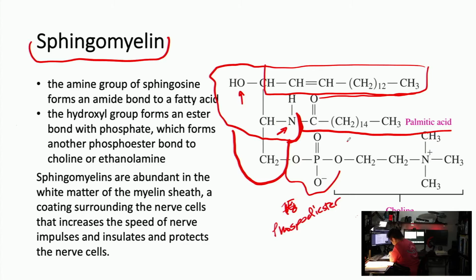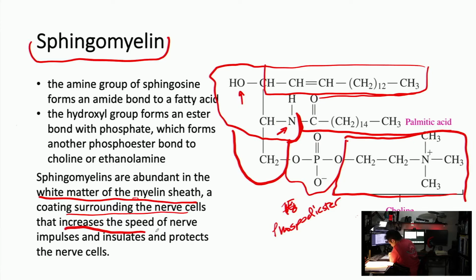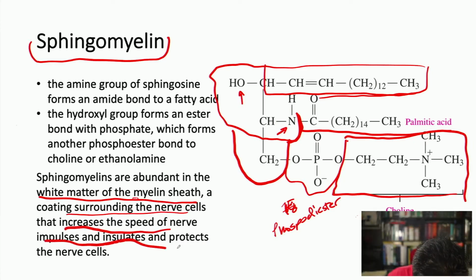And then we have the choline, the hydrophilic head group. Right? So these guys are abundant in the white matter of your myelin sheath surrounding the nerve cells. And it increases the speed of nerve impulses, insulates and protects nerve cells. Right? So that's where sphingomyelin is.